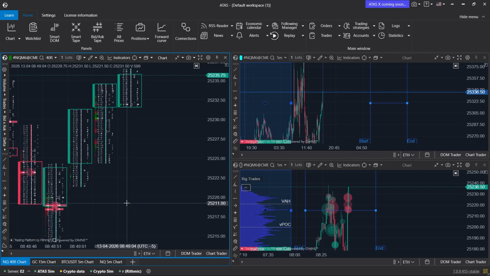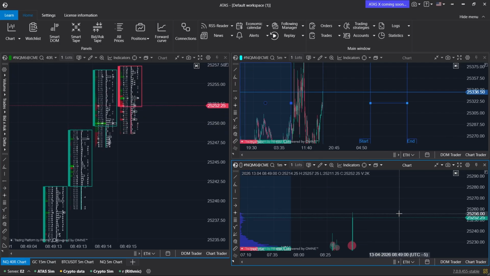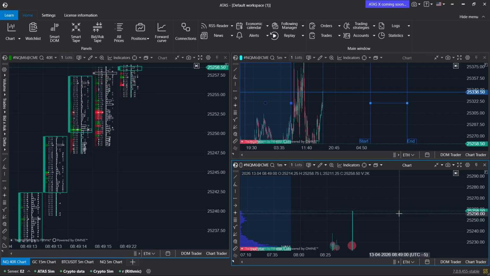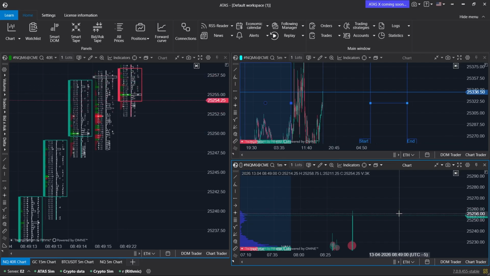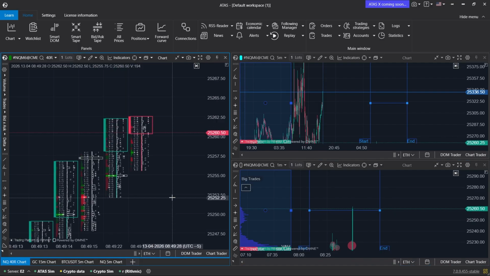And you can see on the 1 minute chart there are a lot of absorbed sellers, which gave me confidence, and I trailed my SL to 1 to 1, below these sellers over there.